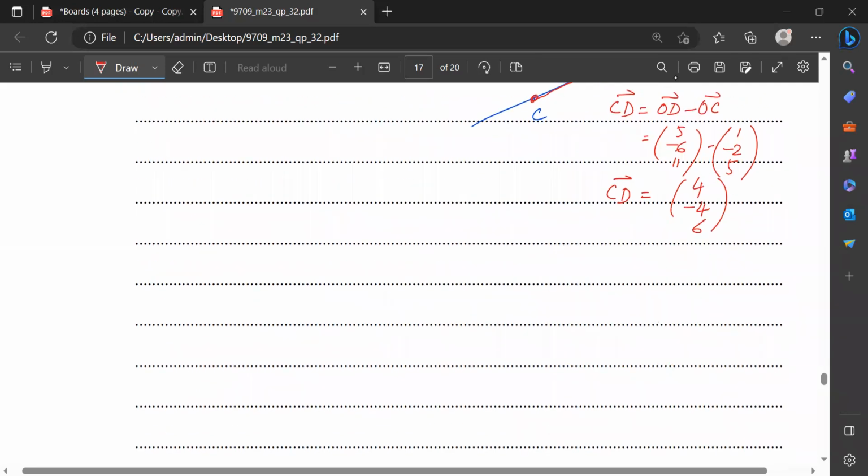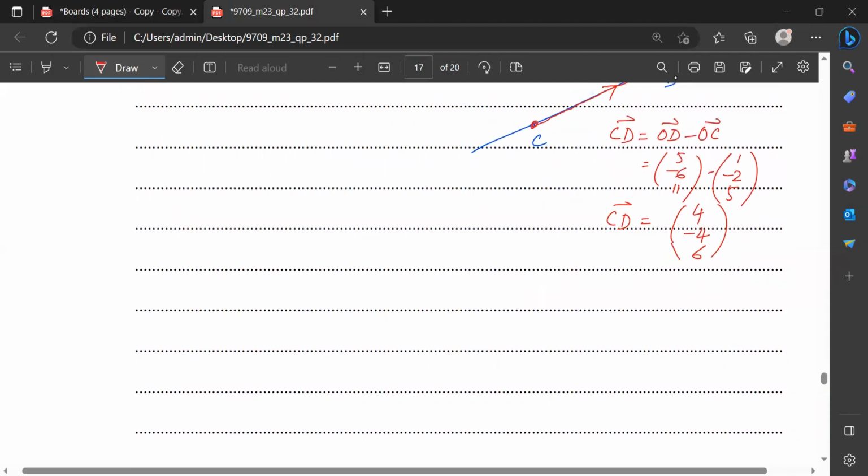But here I will give the idea that, as I said before, any multiple can be used. As we have 4, minus 4 and 6, why not take 2 common and get this in simplest form? If you take 2 common, it is 2, minus 2, and 3.